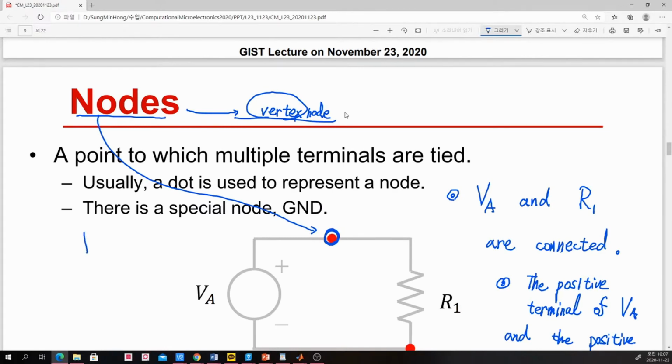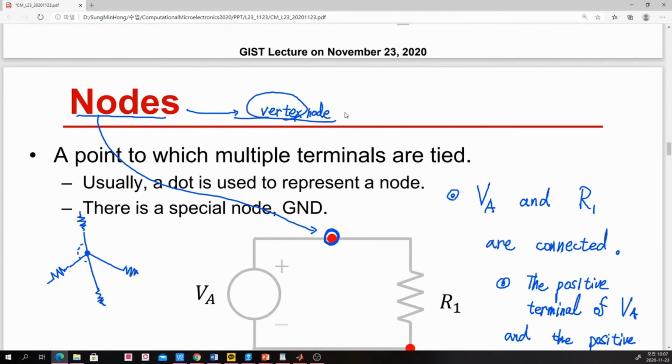Let's think about these points where multiple resistors are connected at the same time. This one also can be a circuit node, and here at this node we have 1, 2, 3, 4 connected terminals.